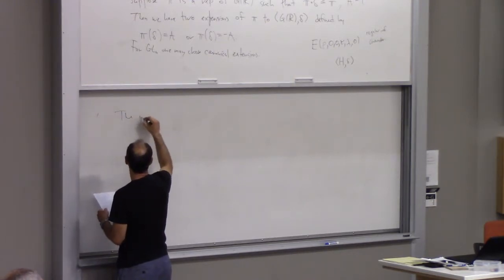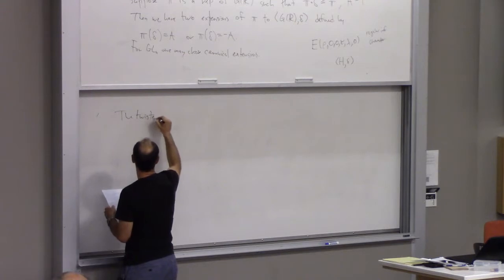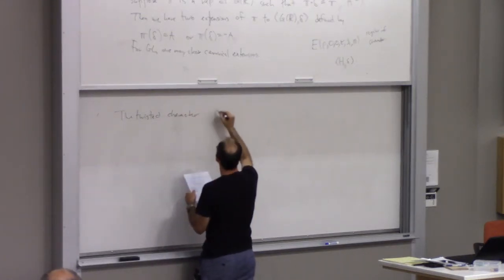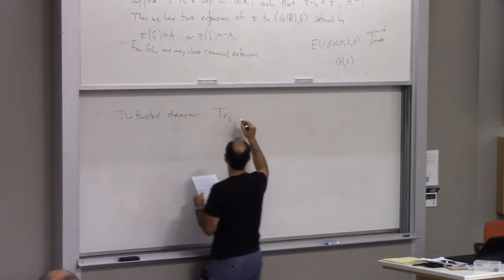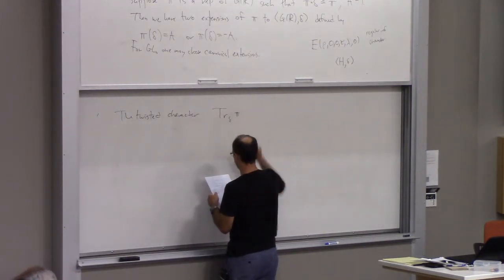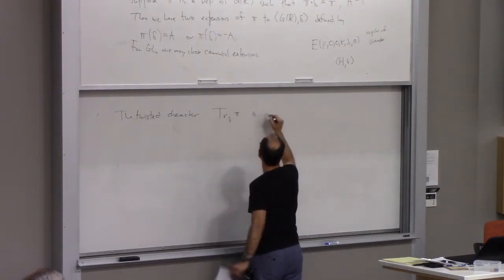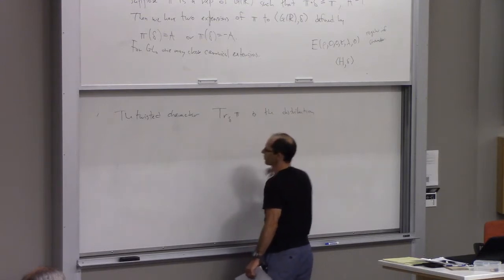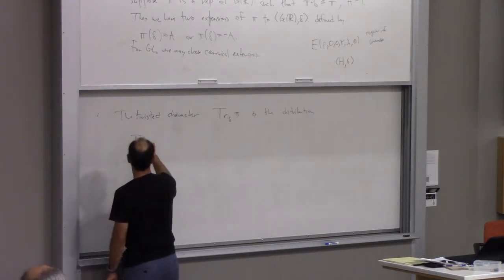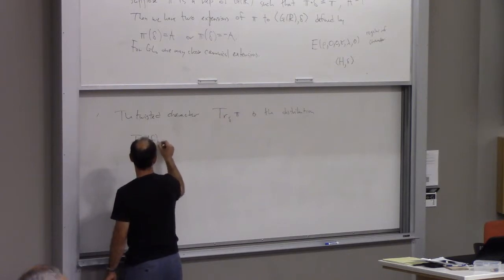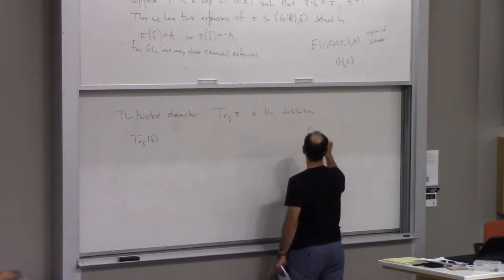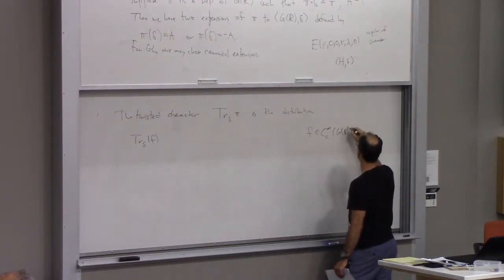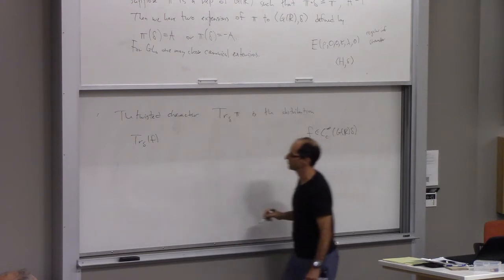The twisted character, TR delta pi, is a distribution, so we're really doing analysis here. It's a distribution on compactly supported smooth functions on the non-identity component of this extended group.